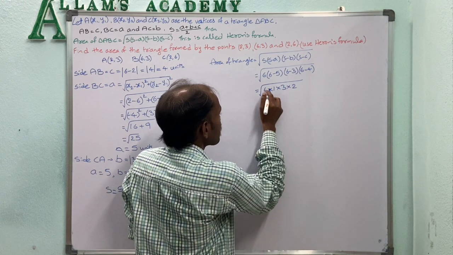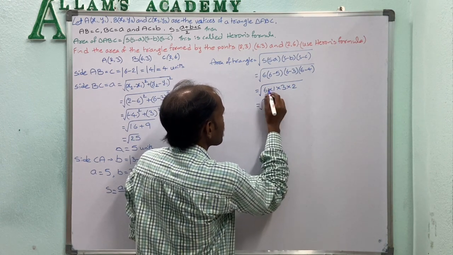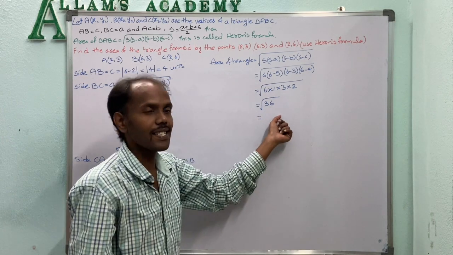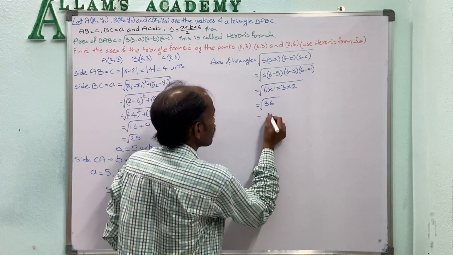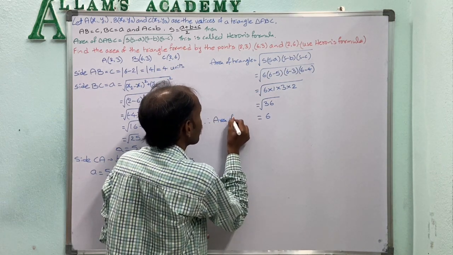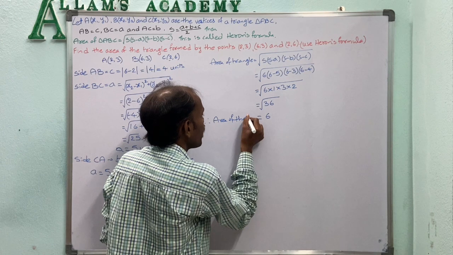Now 3 into 2 is 6, 6 into 6 equals 36, so root 36, which equals 6. So therefore the area of the triangle is equal to 6 square units.